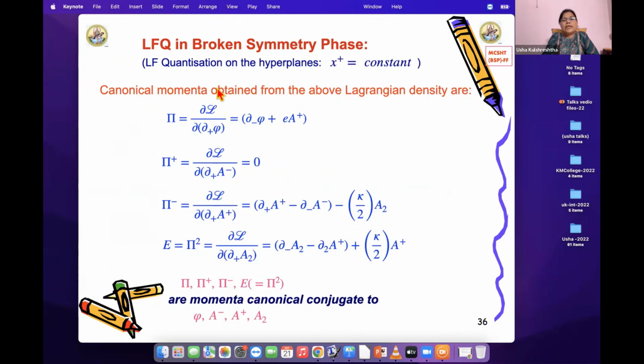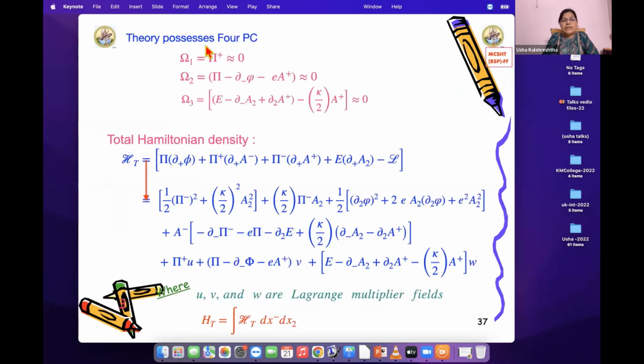And now by looking at it, we can make out that the first, second, third and fourth ones are independent of velocities. So corresponding to these, there exist primary constraints in the theory. So these are the three primary constraints of the theory. And then we write down the total Hamiltonian density of this theory as we have written earlier.